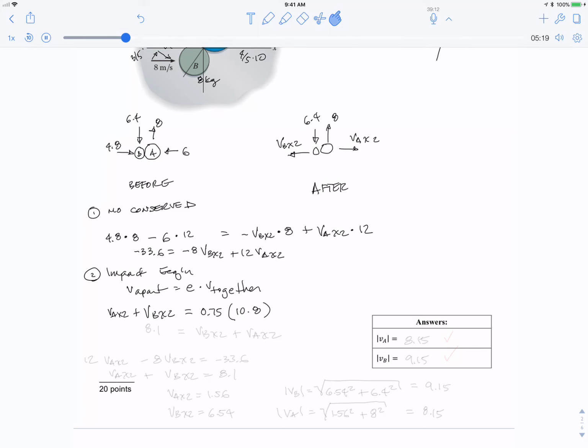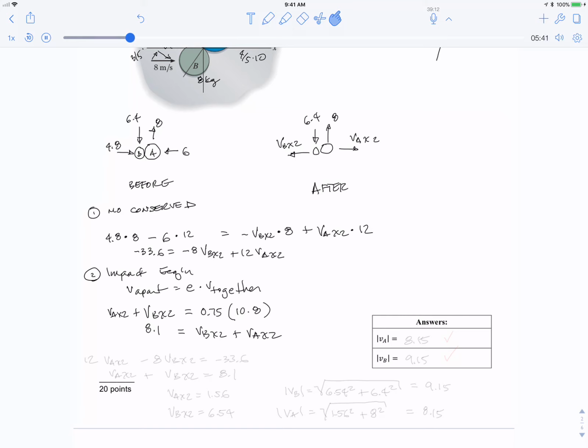Okay, so we have 8.1 equals, let's see, what did I have? VBX2 plus VAX2. I'm going to rewrite both equations here.